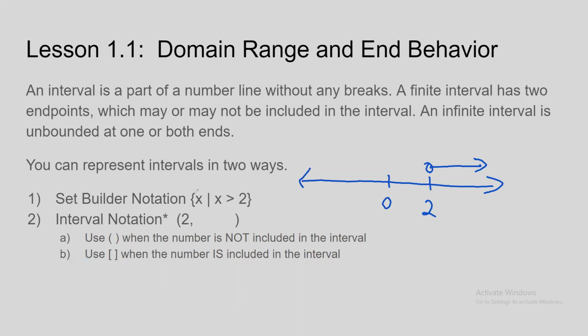We have these fancy brackets, and it goes x such that x is greater than 2, because I'm interested in everything greater than 2. What this line represents is that it goes on forever and ever. And since that's an open circle, 2 is not included in our set.